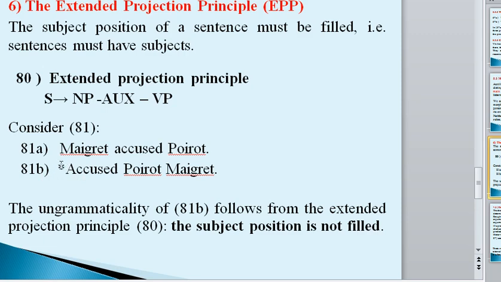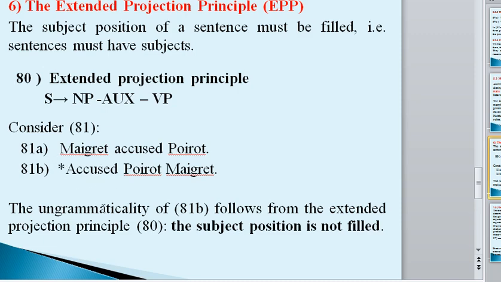You see here we put an asterisk or star. So this is a kind of ungrammatical sentence, because we don't use a subject here. According to this principle, this sentence is ungrammatical.